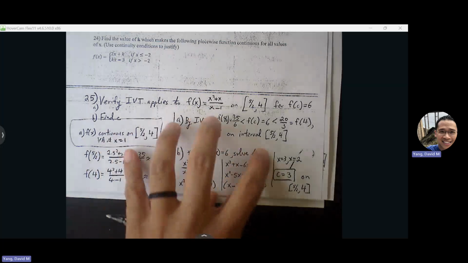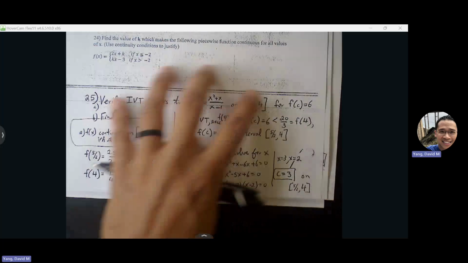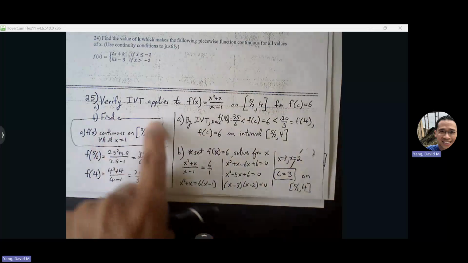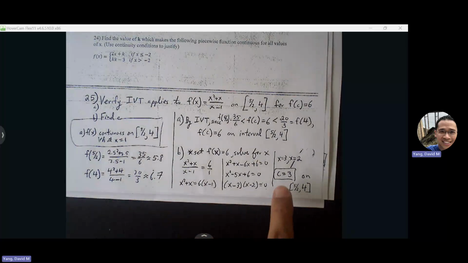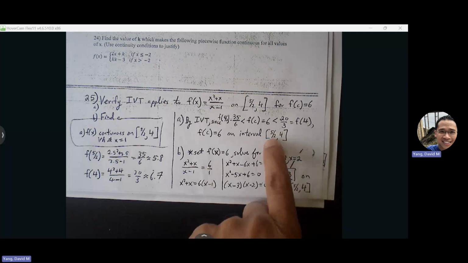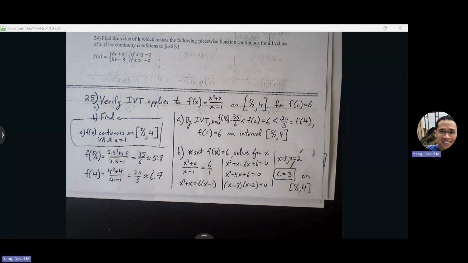But this is a good framework for later on. We're going to do future theorems that follow this pattern, where you check for continuity, and then when you find your solution, you need your c value to live between your endpoints. So we're establishing these similarities for future theorems.